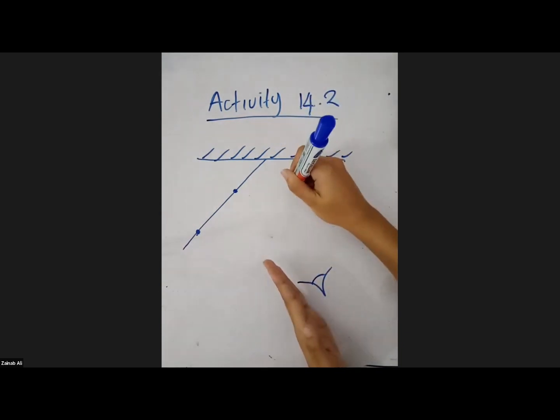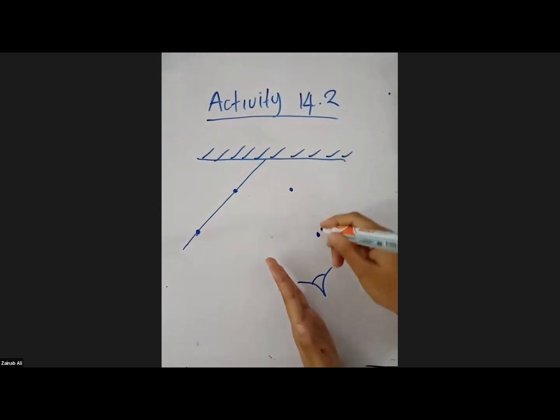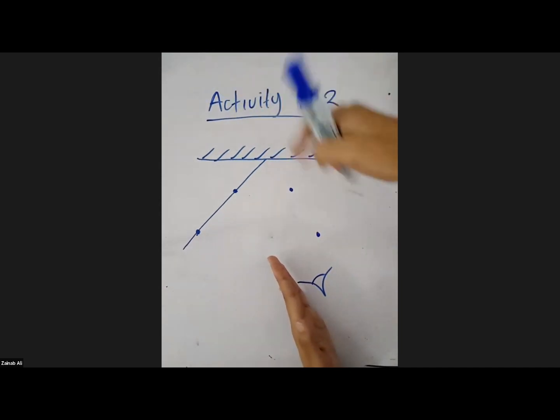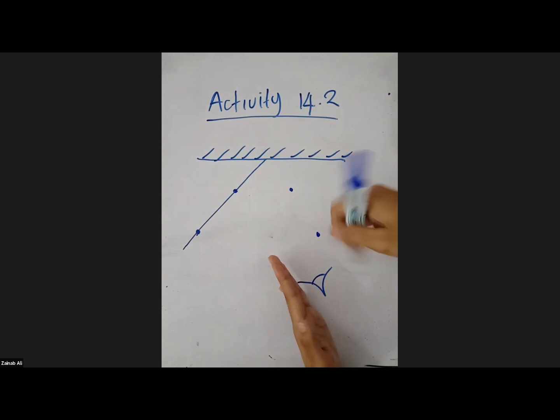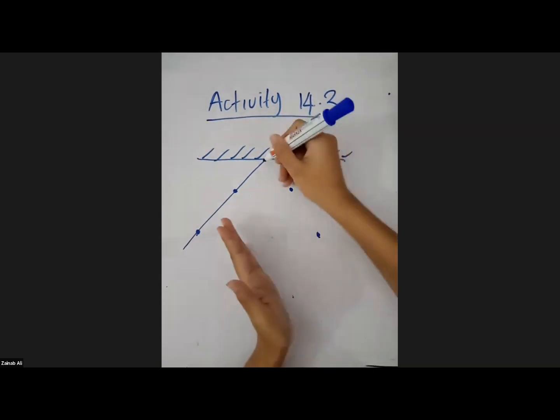So you can mark the 2 points like this. We are going to keep the eye and see the pins inside the mirror. So you will be able to see the pins and keep 2 pins like this. Take off the pins and draw the straight line again like this.